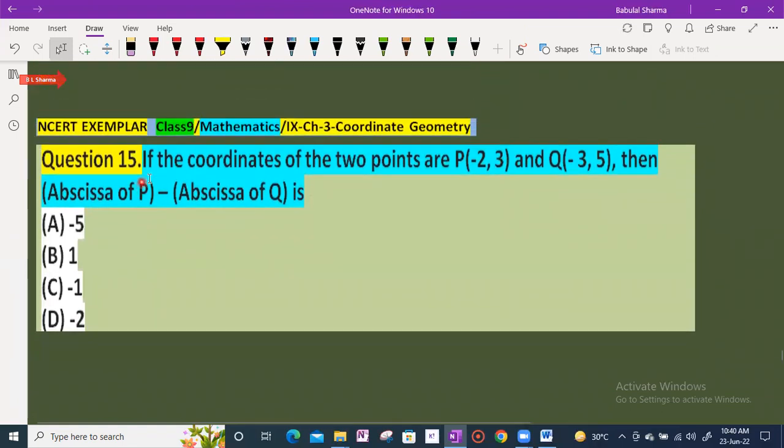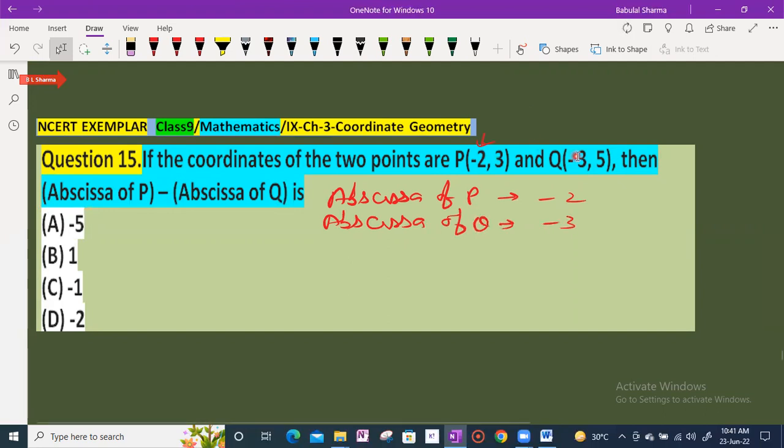Next question is on your screen. If the coordinates of point P are -2, 3 and point Q are -3, 5, find the difference of the abscissa of point P and the abscissa of point Q. First of all, the abscissa of point P is -2, and the abscissa of point Q is -3.